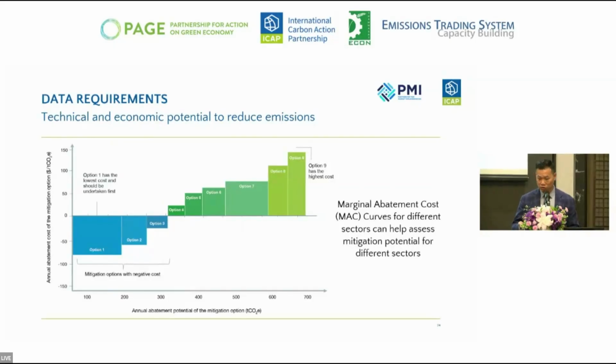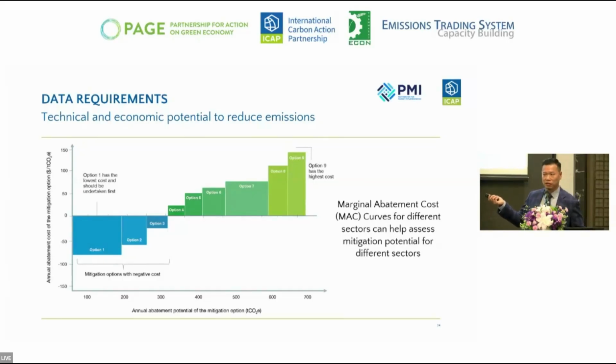I'm not sure whether you have seen this curve before. Each block means one abatement method. On the horizontal axis is the volume, and on the vertical axis, the price. So for those on the blue side, they have negative carbon costs.